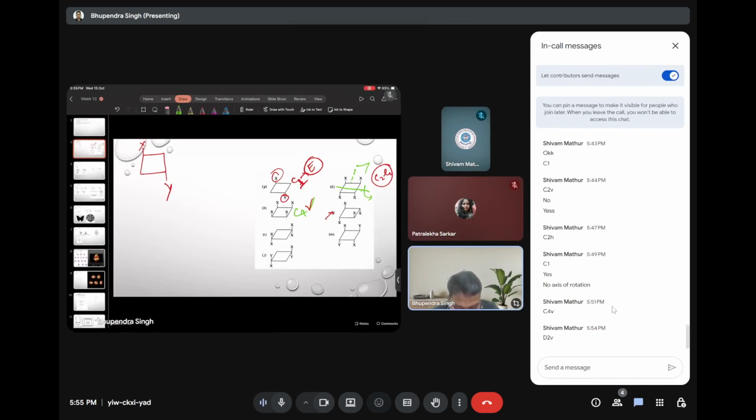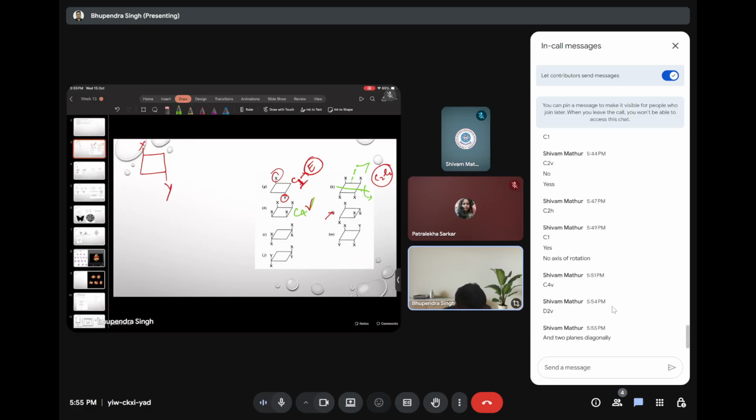D2. Yeah, D point group is there because three C2 axes are present along all the directions, along all the three axes we are able to see the C2 axis of rotation. Yes, but they are not perpendicular to your C2 axis.